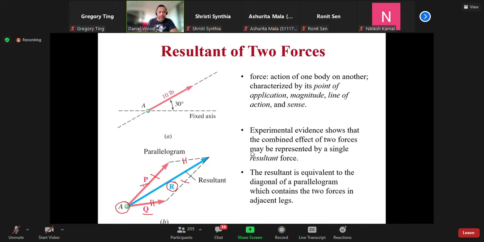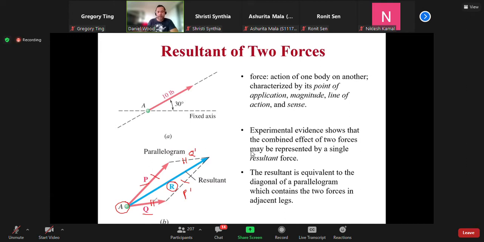If I were to draw a line parallel to P from the end of Q, I would have this dashed line here, and let's call that P prime. And if I were to draw a parallel line to Q, extending from the end of P, I would get Q prime here.